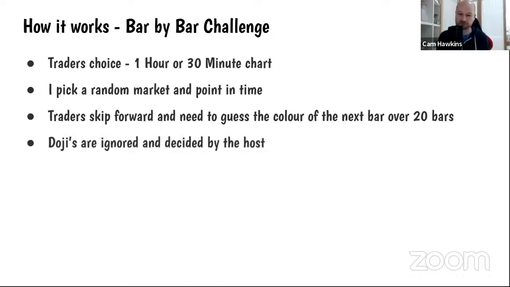Dojis are ignored, and I'll decide whether or not it's a doji. So if you say it's a bull and it's really a doji, unfortunately I will have to discount your correct answer. Does that make sense? Yep. Okay, we're tough here on Trading Nut.